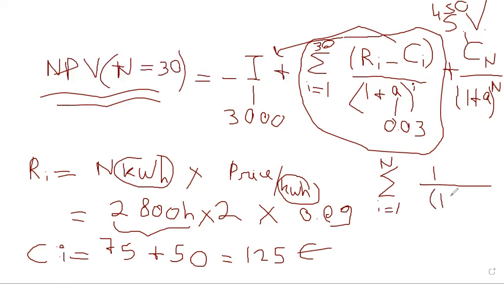So you just have to do a replacement here and you get the value of NPV. And once we get NPV at year 30, we can verify if the project is profitable or not, because once we get NPV at year end, we can calculate the CER.